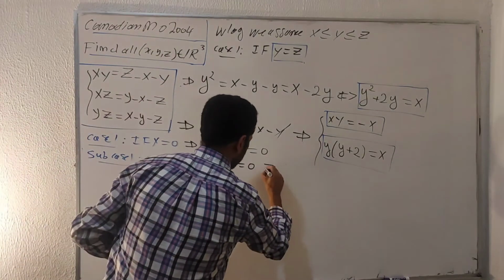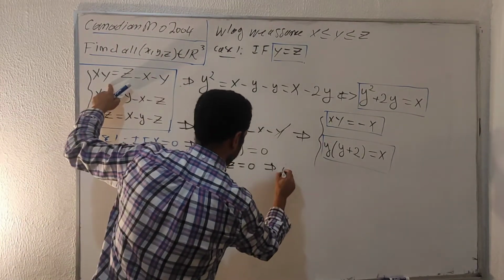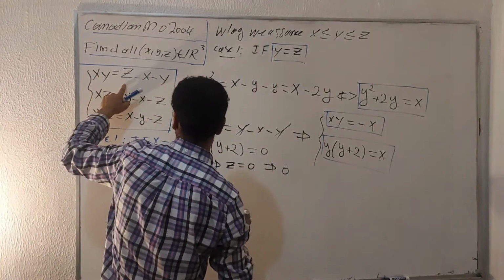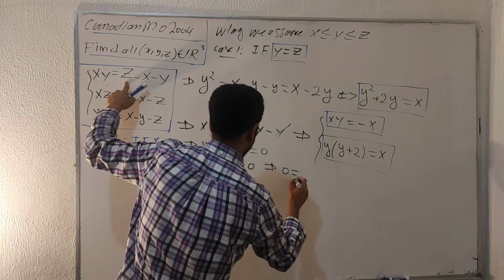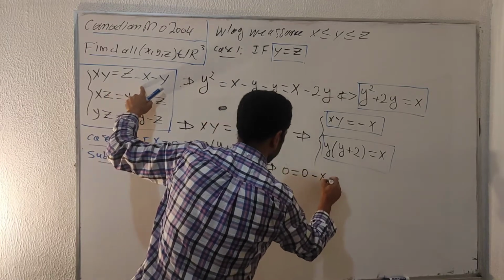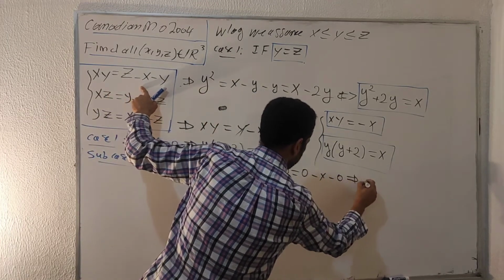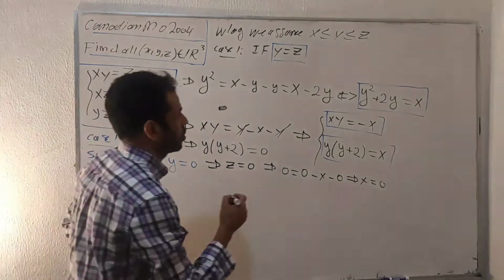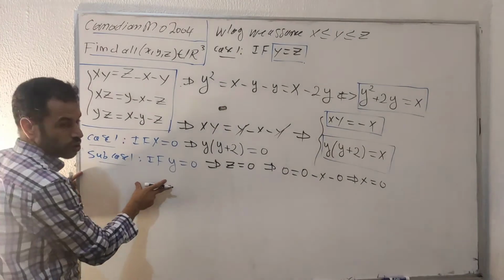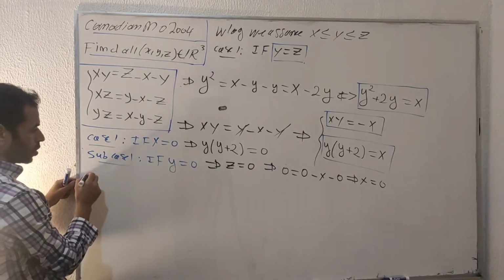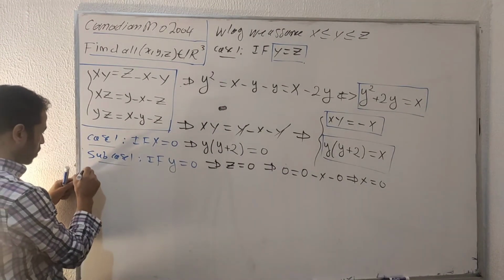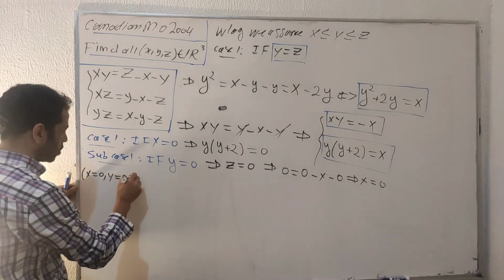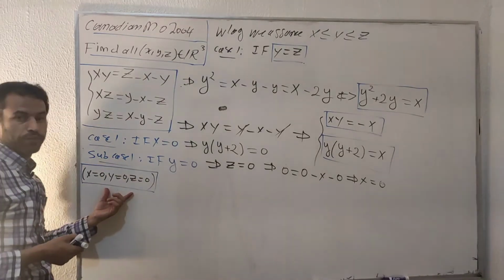I have 0 multiplied by x, which is 0, equals 0 minus x minus 0. This tells us x equals 0. That means I found a solution. Let's put all the solutions up here: x equals 0, y equals 0, and z equals 0. We found a new solution.